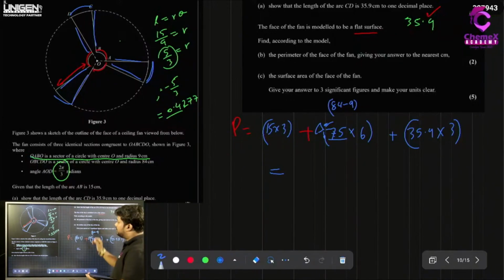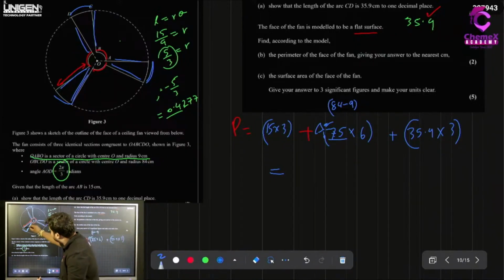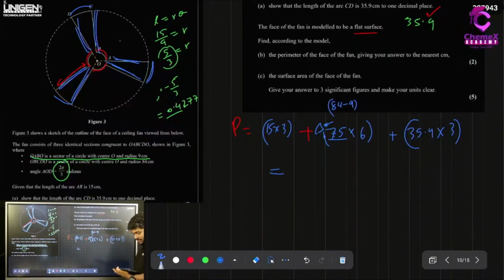Why? 1, 2, 3, 4, 5, 6. You have these kind of sides. So the answer is going to be 602.787, right? Yes, centimeters. Got it?